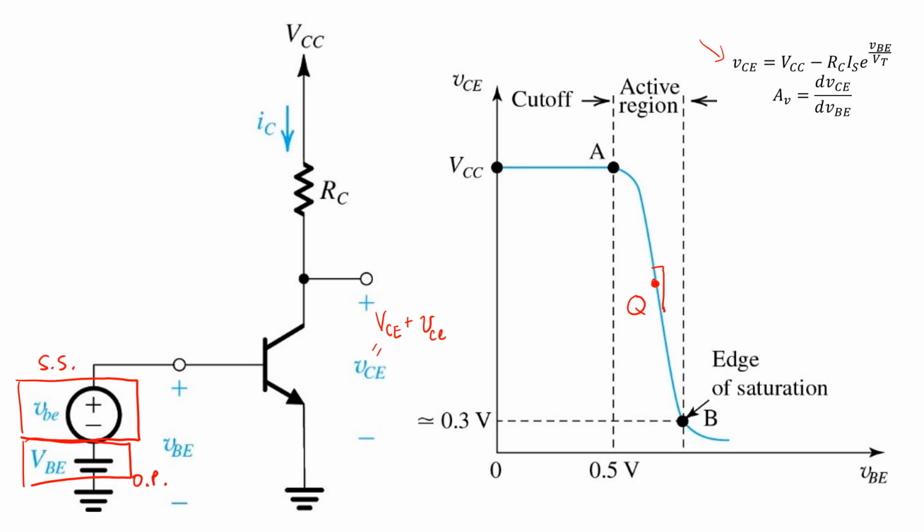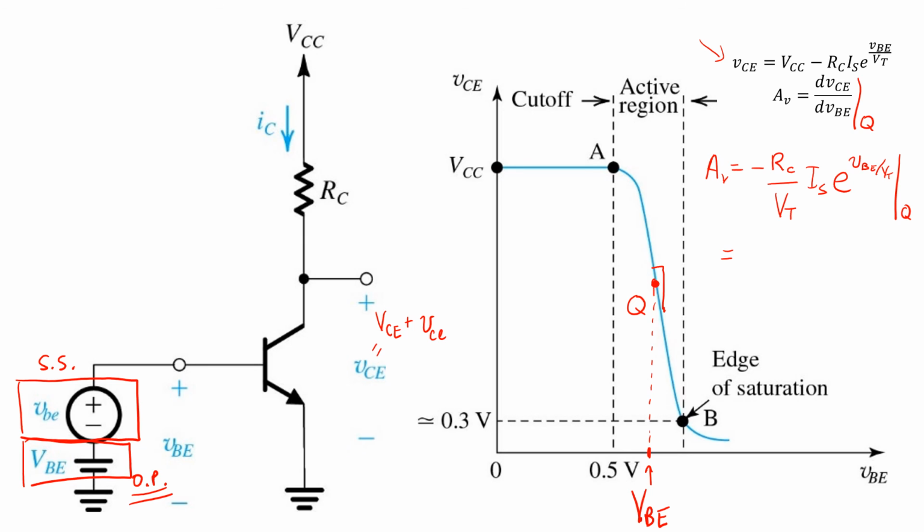We can find the small signal gain by taking the derivative of the curve and evaluating it at the operating point Q. If we do so, we will see that AV is given simply by negative RC over VT times IS e to the VBE over VT, again evaluated at Q. When we evaluate at Q, we can substitute our all uppercase VBE, the operating point value of VBE.